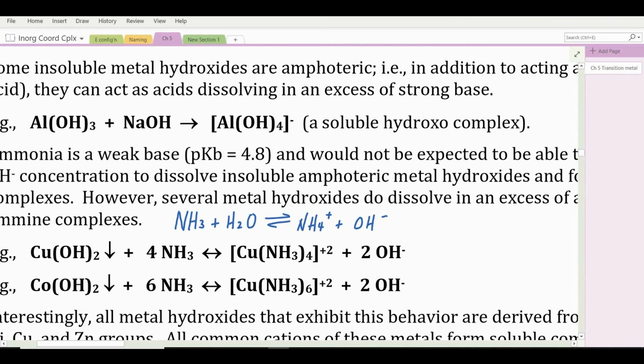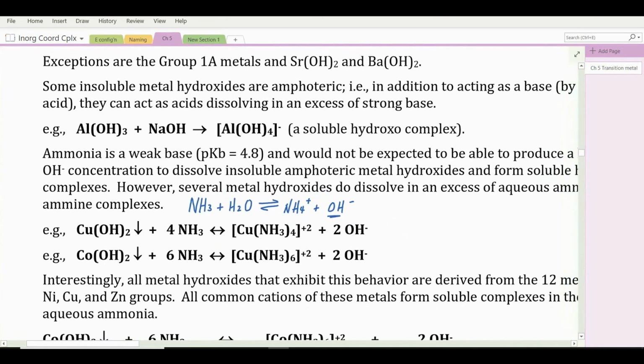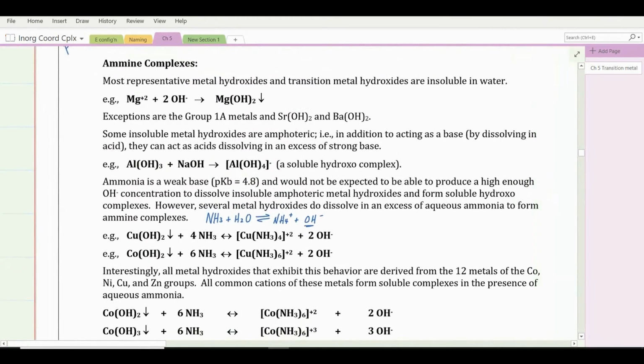Typically, ammonia solutions of even some strength are not much more than pH 11, so the quantity of hydroxide is not all that great. So ammonia is a moderately weak base. It's pKb 4.8. It would not be expected to be able to produce enough hydroxide to dissolve insoluble amphoteric metal hydroxides, like in this reaction, to produce the hydroxyl complex.